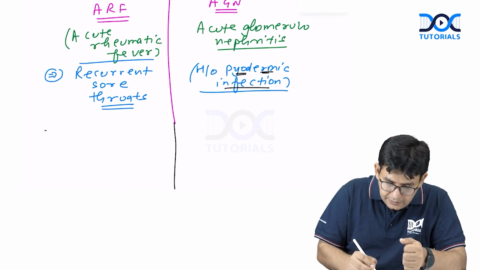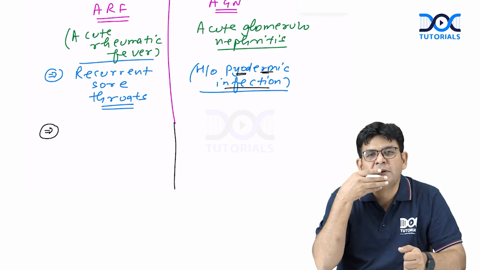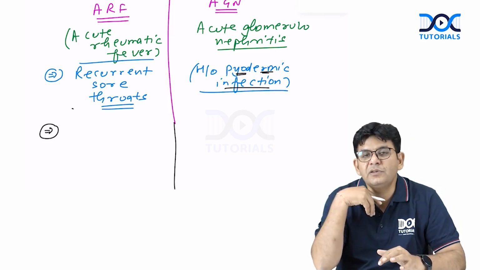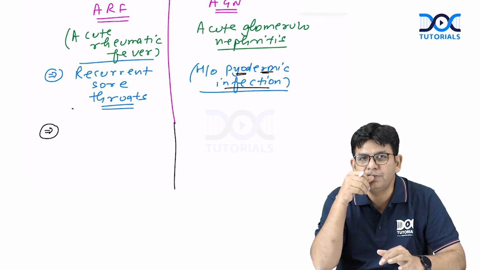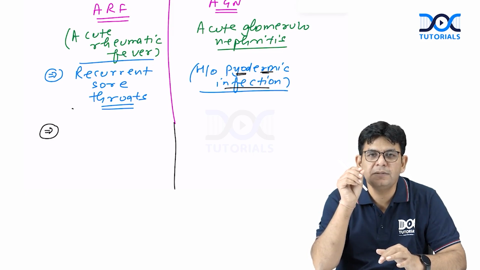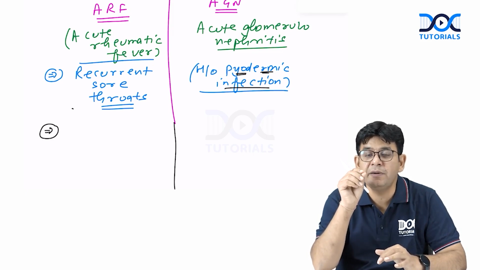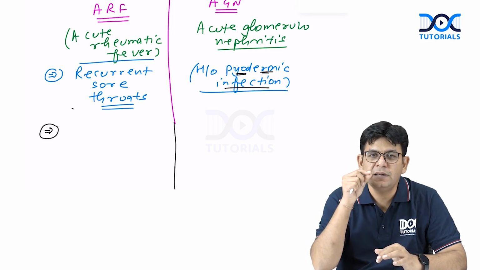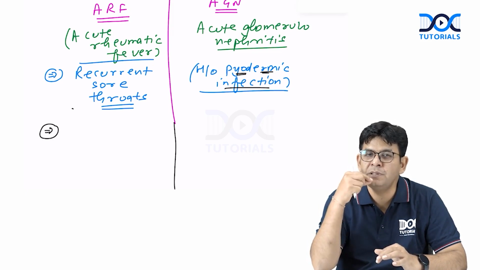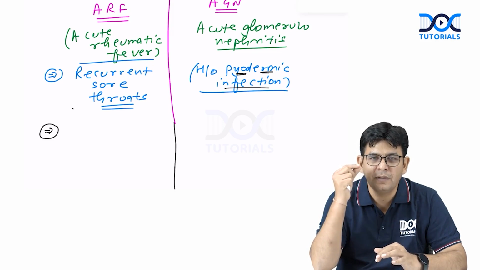Now one thing you can ask: sir, something is happening in the throat, so why is the heart being involved? This is what is termed as, guys, molecular mimicry. And molecular mimicry is this: certain cellular components of Streptococcus pyogenes cross-react with the heart.